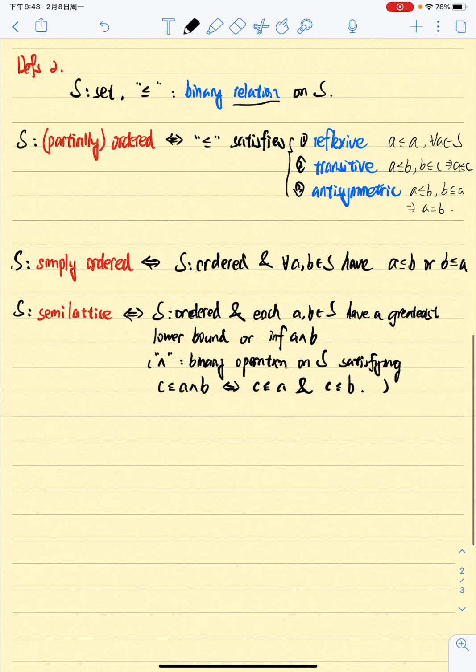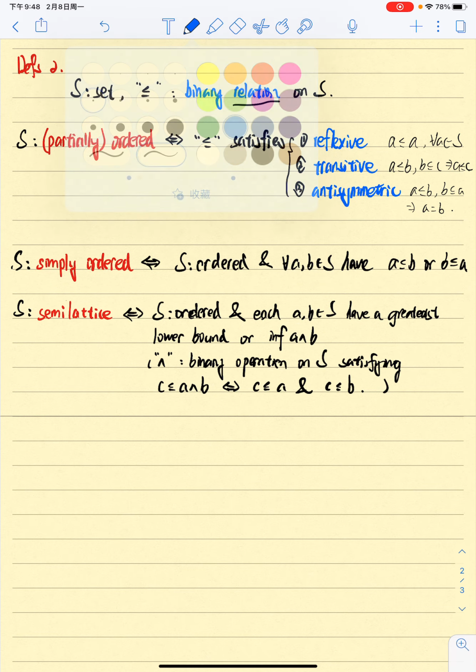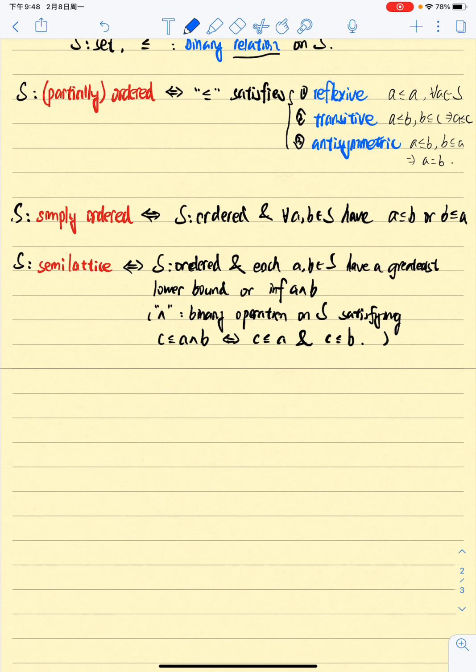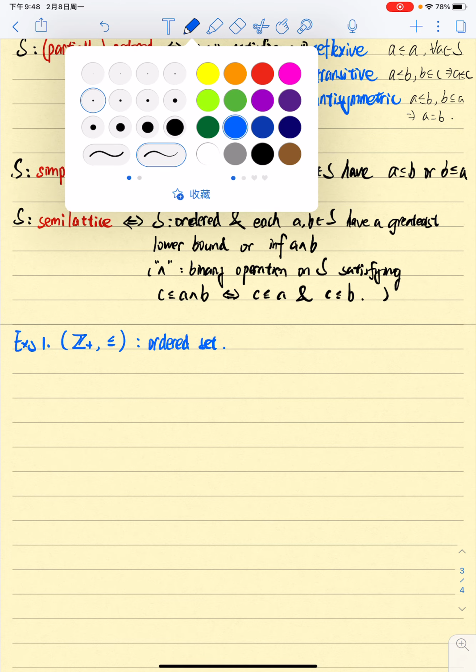Okay, let me give you some examples. First, the positive integer set with the relation smaller than or equal to. This system will be an ordered set. Let us prove it.